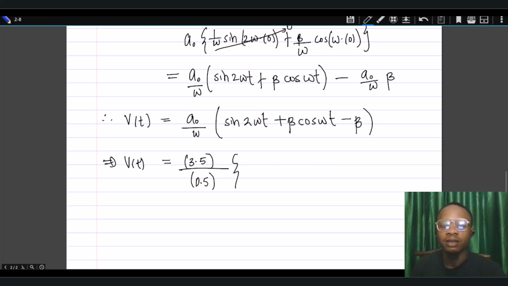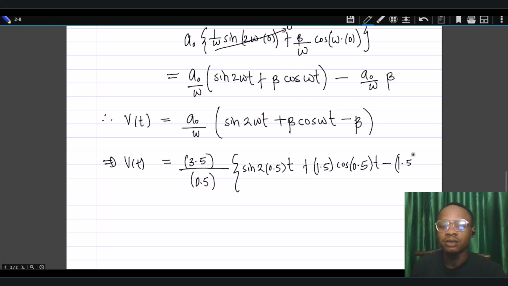And then let's have this here. This is going to be sine 2 into omega. Our omega is 0.5, multiplying t, then plus beta, which is 1.5, then cos omega t, where omega is again 0.5, multiplying t, then minus beta, which is 1.5.